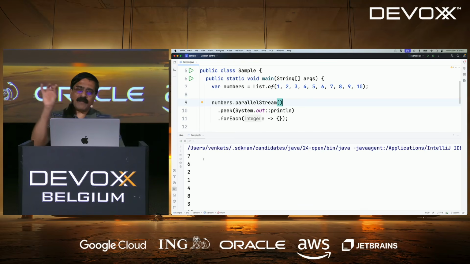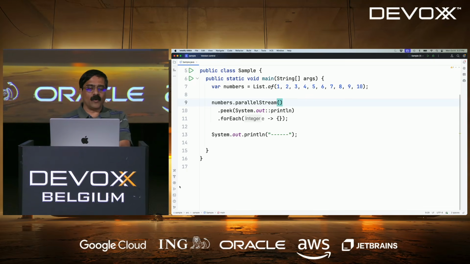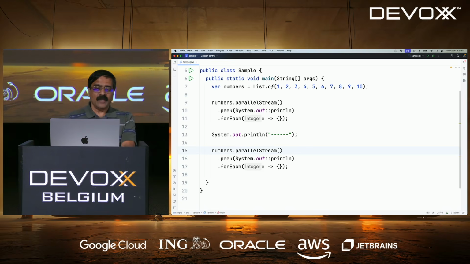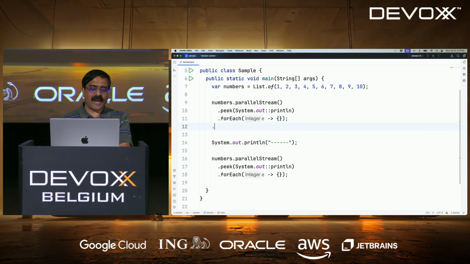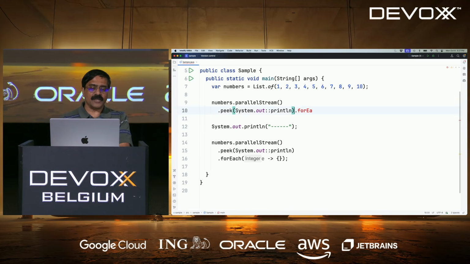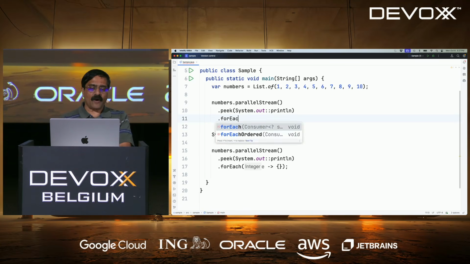So for debugging purposes, you don't want to change the parallel to sequential stream and then debug it. You just want to be able to debug it. So wouldn't it be so cool to have a peek which is in order, right? So remember, you have a forEach, and as you know, forEachOrdered.